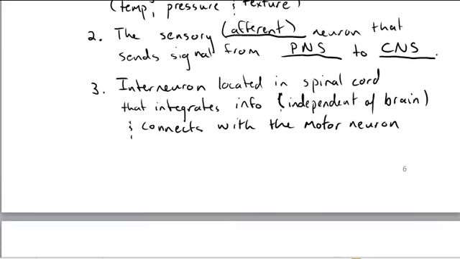The fourth part of a reflex arc is the motor neuron. So we have the motor neuron, which is also called a what?